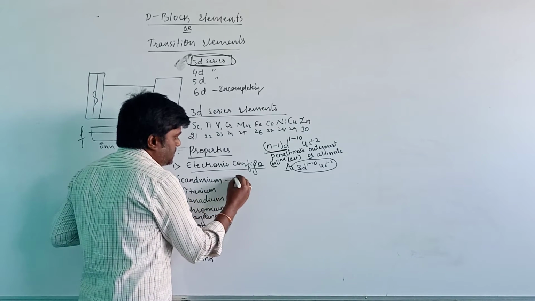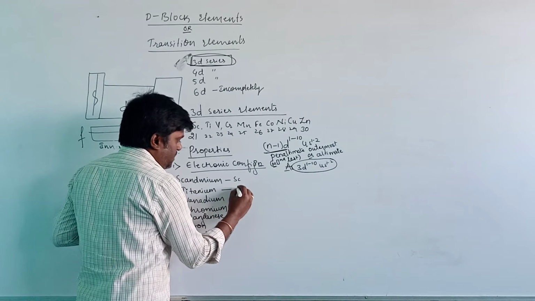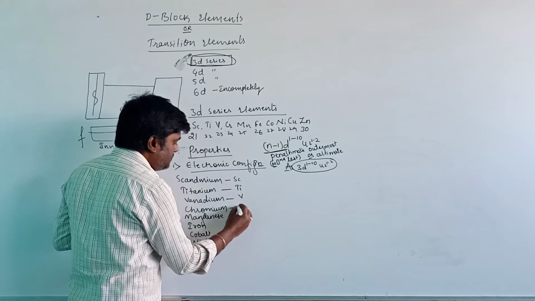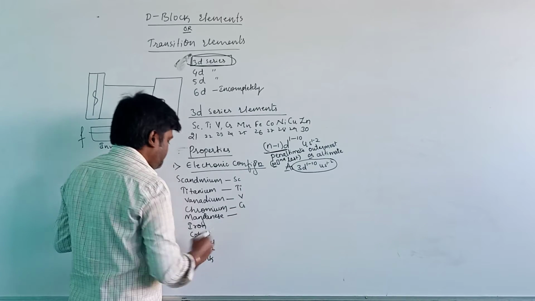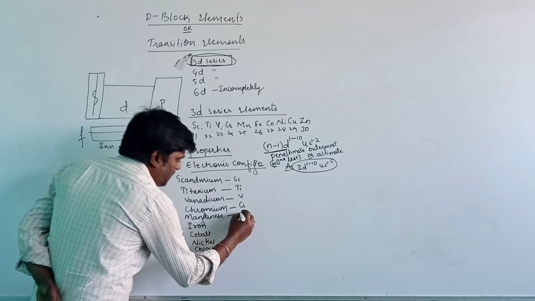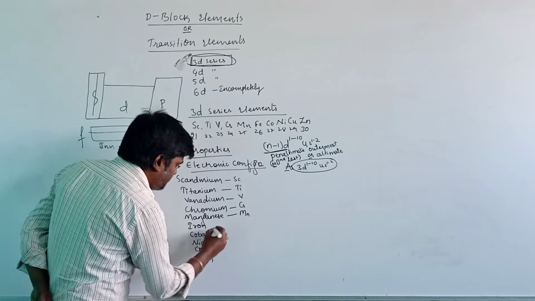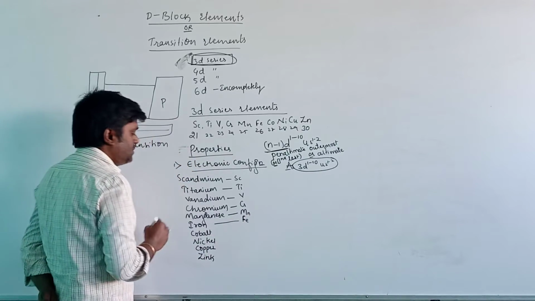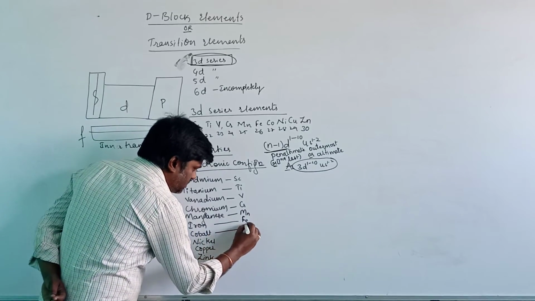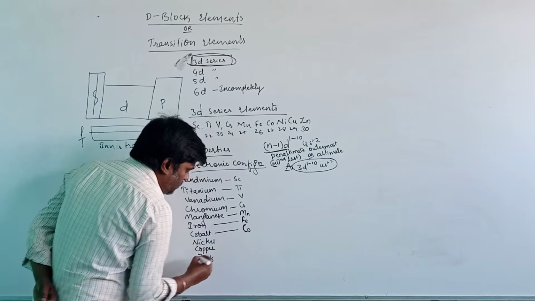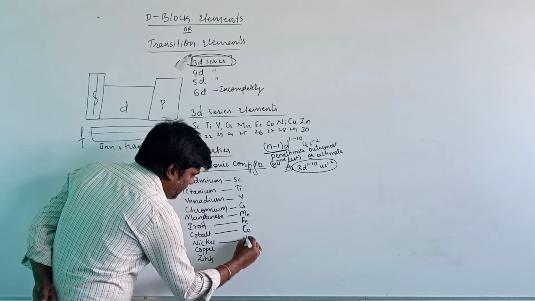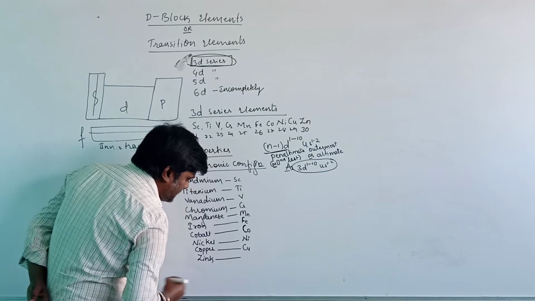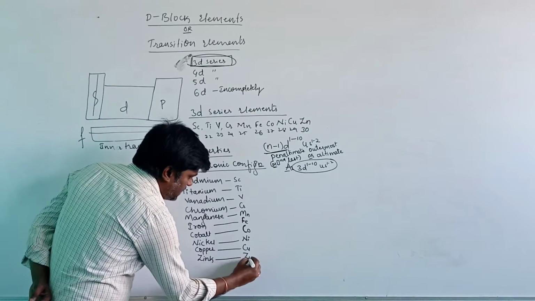The scandium symbol is Sc. The titanium symbol is Ti, vanadium V, chromium Cr, manganese Mn, capital M small n, iron Fe, capital F small e, cobalt Co, capital C small o, nickel Ni, copper Cu, zinc Zn.